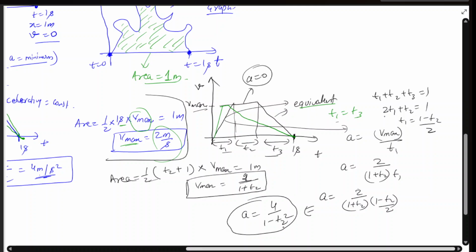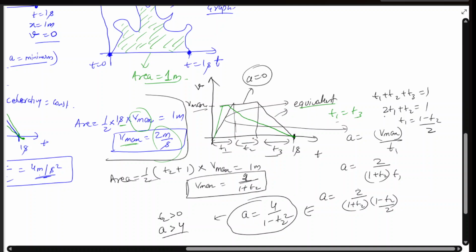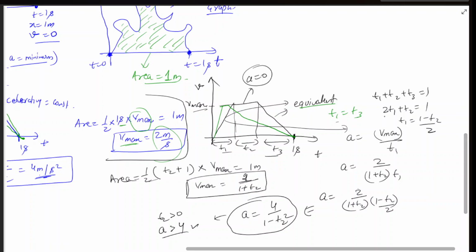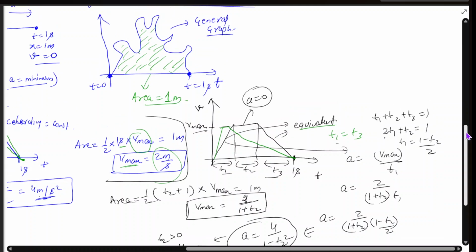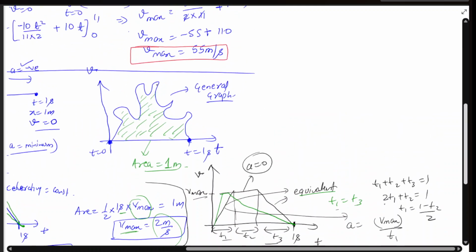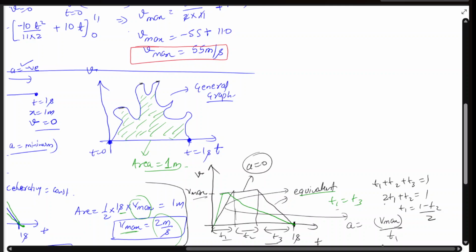Now, what you can see here is as t2 is greater than 0, acceleration will be greater than 4, right? Because this term is less than 1, so this term will be greater than 4. So in these cases, acceleration automatically turns out to be more than 4. In a general case like this, at some point it must have traveled with zero acceleration, so it must have more acceleration than 4, right?